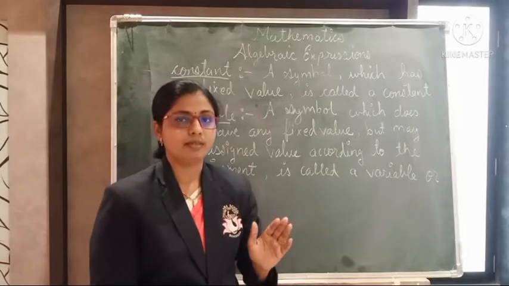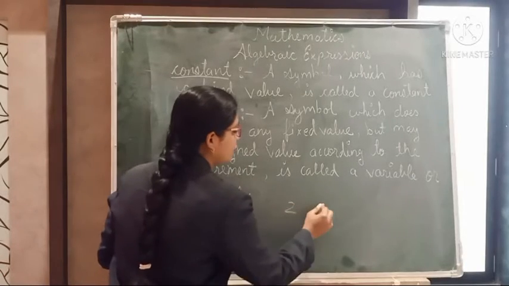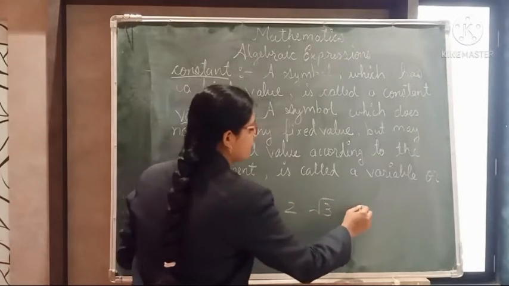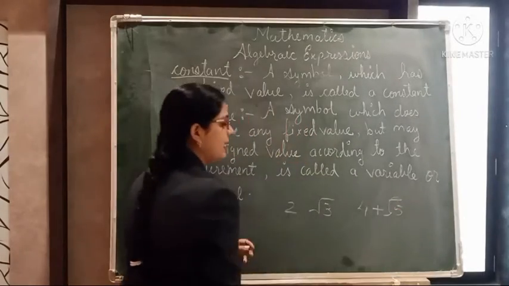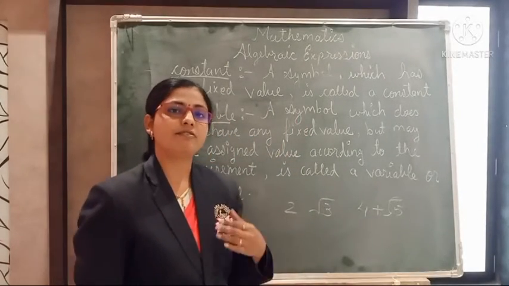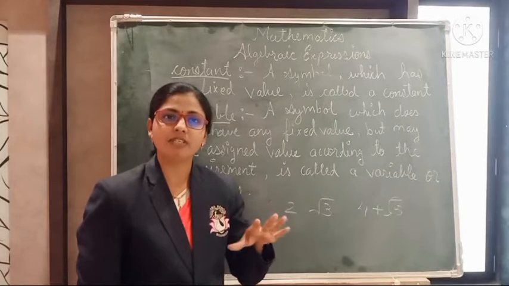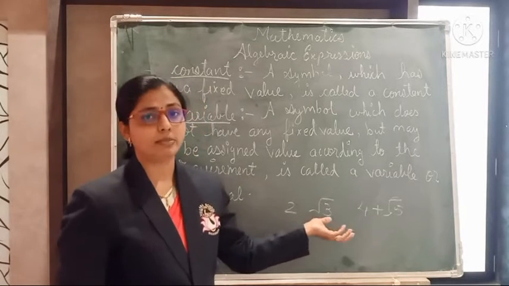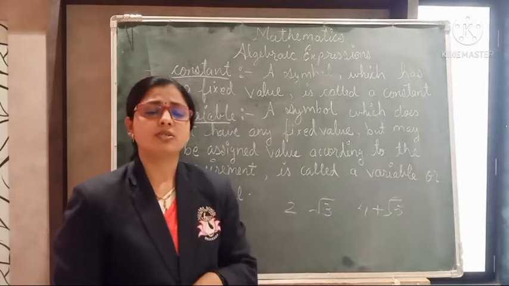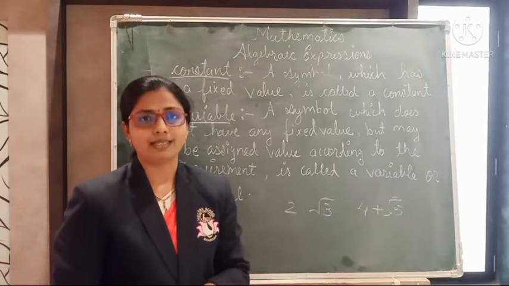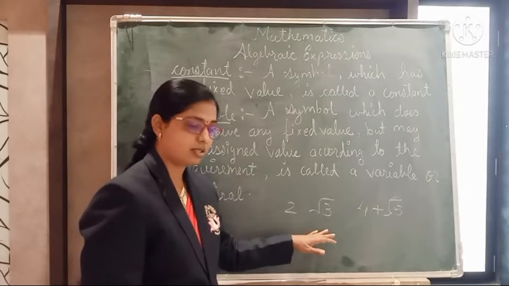For example, 2, root 3, 4 plus root 5. In this way there can be different numbers which have a fixed value. It may be in fraction form, or different numbers in decimal form. That is known as a constant.